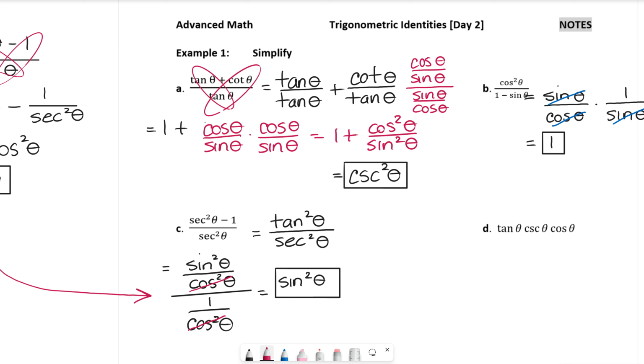And we know that 1 plus cosine squared over sine squared theta is the same thing as 1 plus cotangent squared theta. And as you realize, this was the same trig function we had before, and it also is equal to cosecant squared theta. Different approaches, okay? All right, let's go on to the next part.